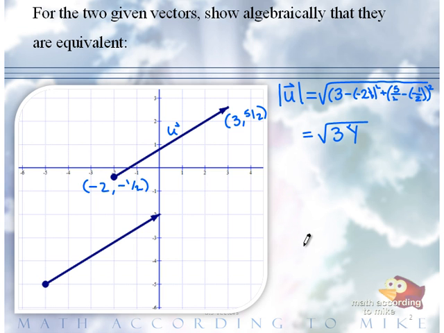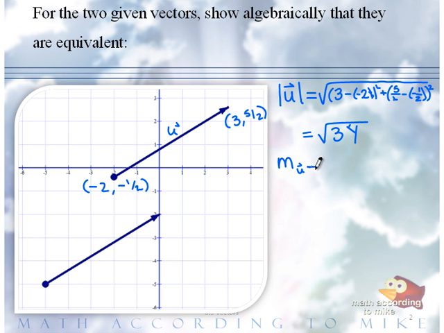How do we figure out its direction? You could do it in terms of an angle, or since it's sort of linear, we can do a slope instead. So we're going to call that m sub vector u.